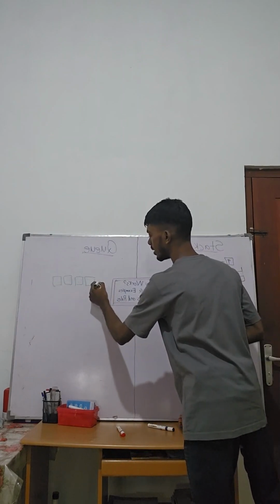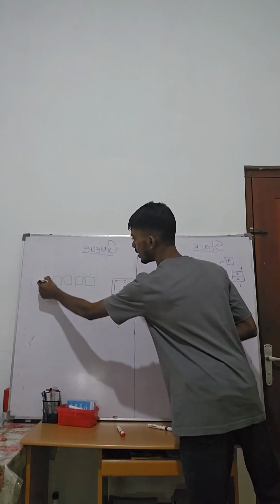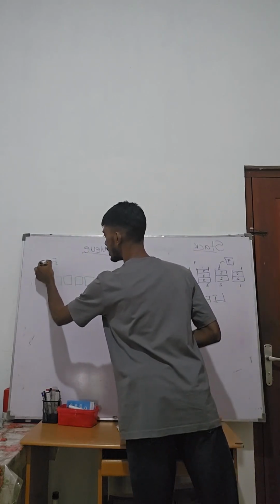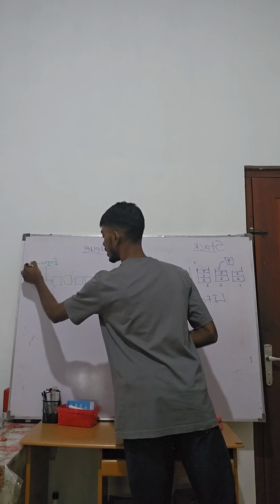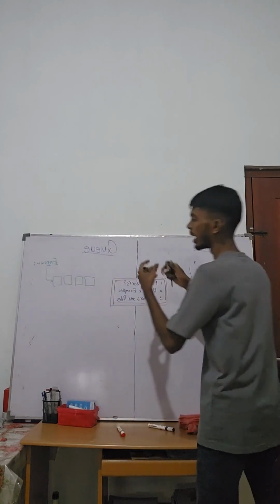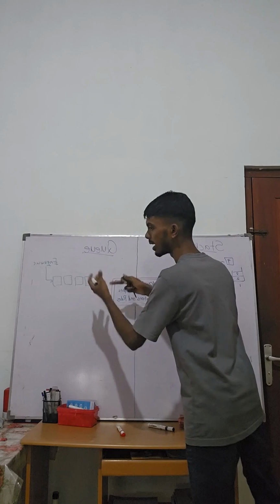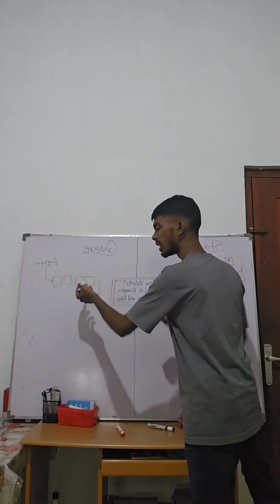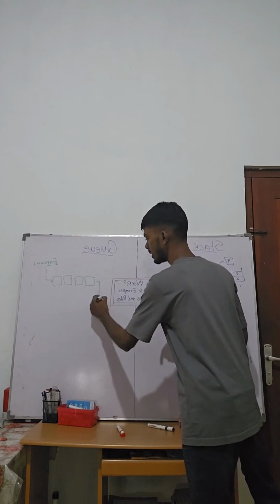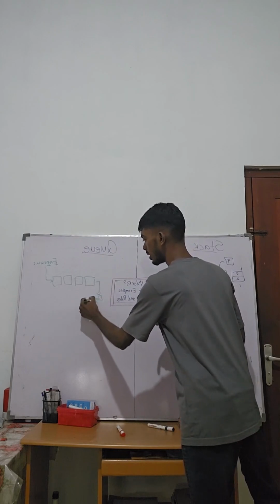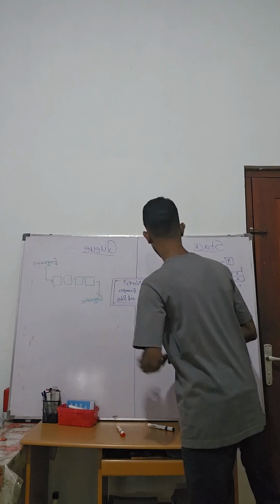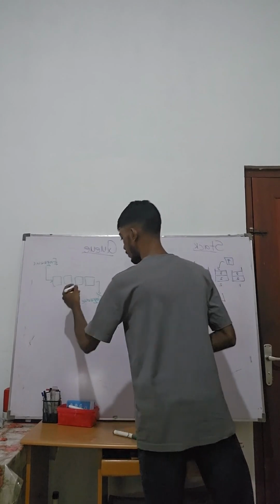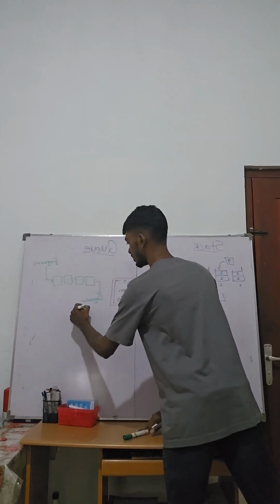The first one who enters is an enqueue. Then after being served, he is removed from the queue. That is dequeue. That is why we call this method FIFO, first in, first out.